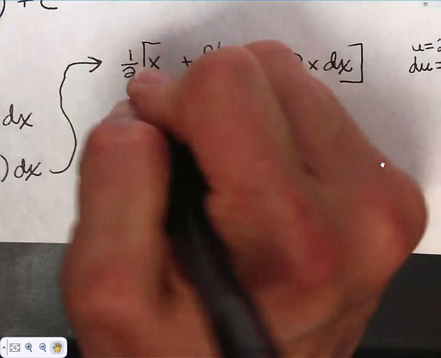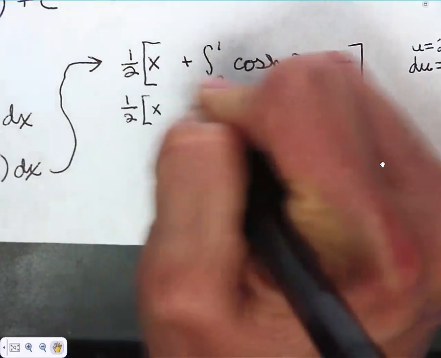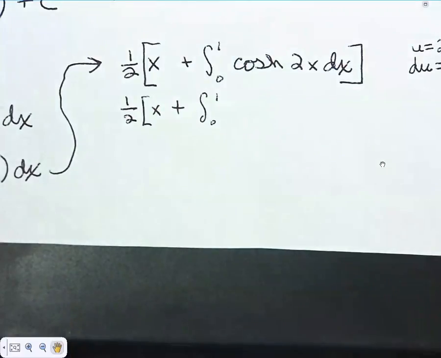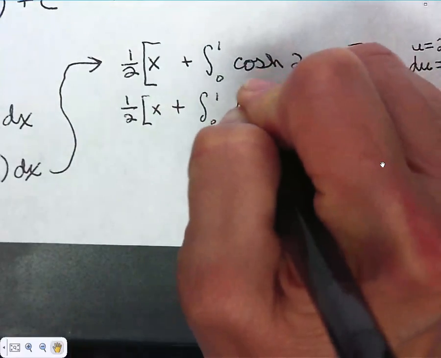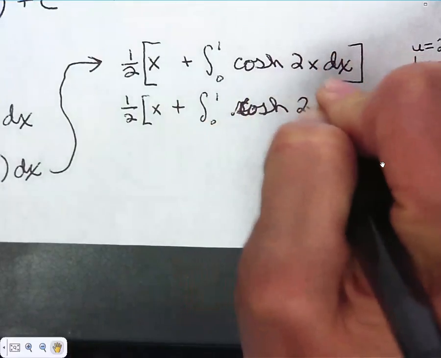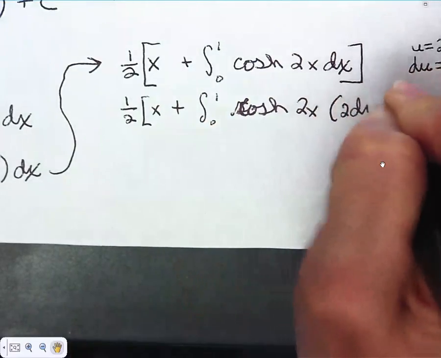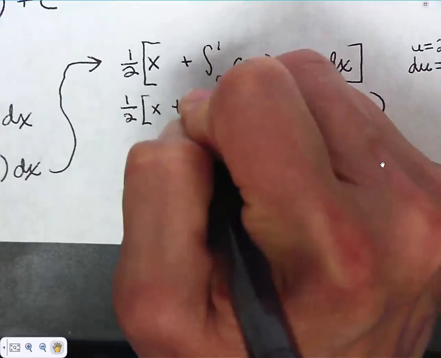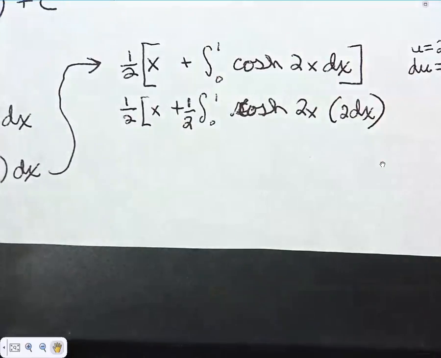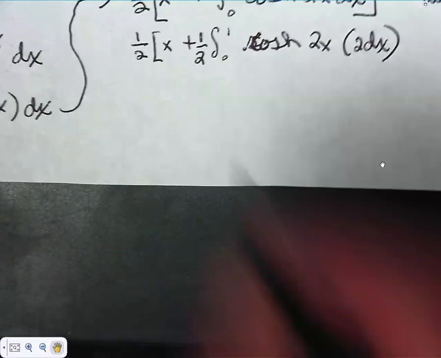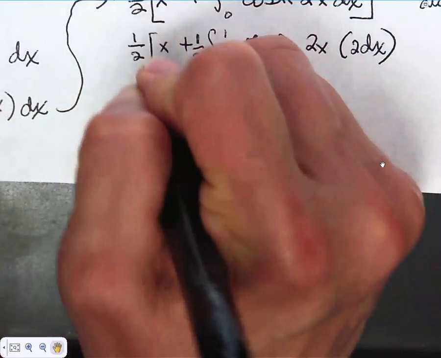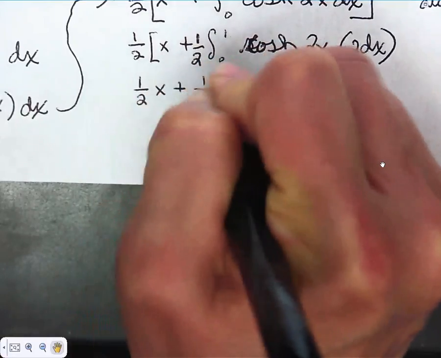So as long as, and I'm putting a step in, Chase, that you may not have needed, but I'm putting it in for myself, I would have written that as cosh 2x times 2dx, and to make that equivalent to the line above it, I'd have to have a 1/2 right there. And so I'm going to go ahead and distribute this 1/2 and call this 1/2 x plus 1/4.